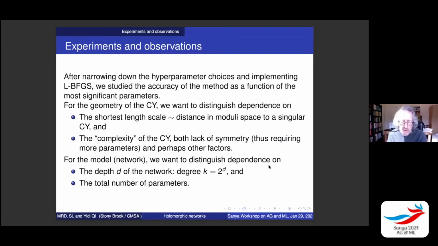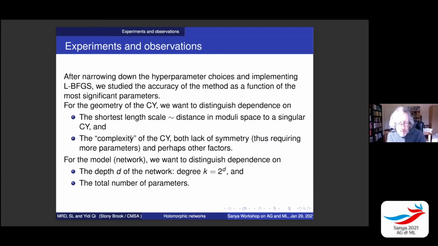As you introduce a shorter and shorter scale in this Ricci-flat metric, you expect to need more parameters, or at least this is the case where you have a bigger ratio of length scales, and so you would need to use the ability of the network to have this exponentially large k and represent larger ratios of scales. And then a slightly vaguer concept of lack of symmetry, or we could use the word complexity, that the metric does require more parameters to describe.